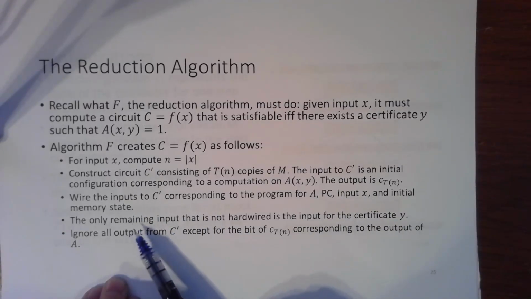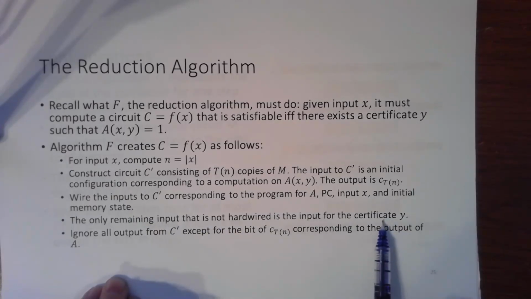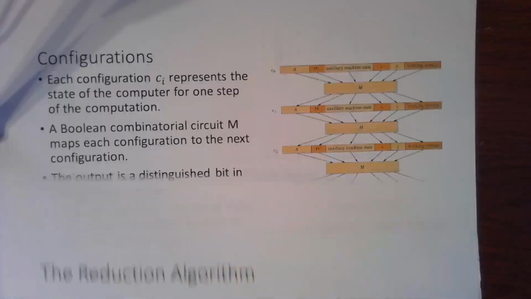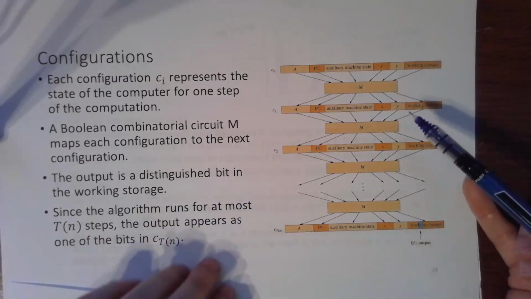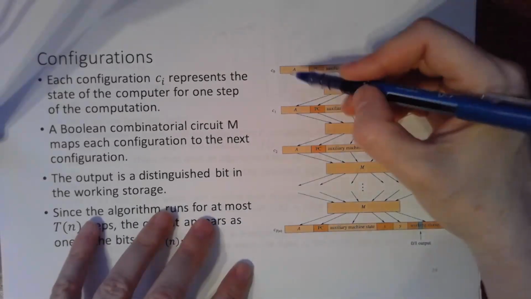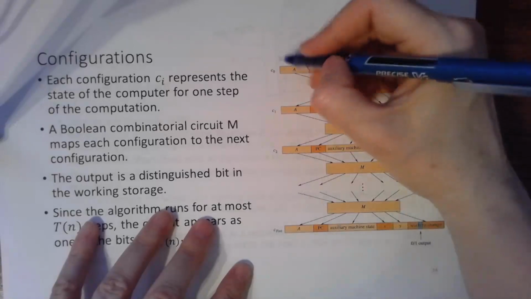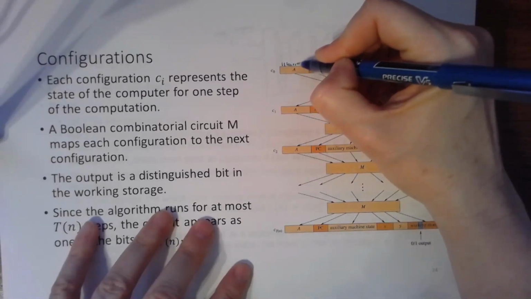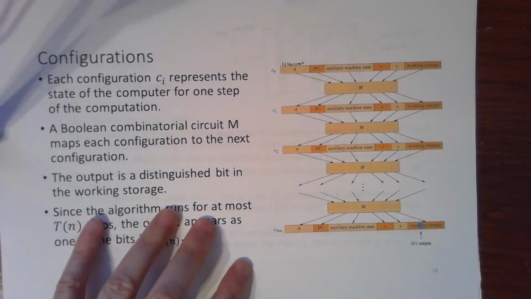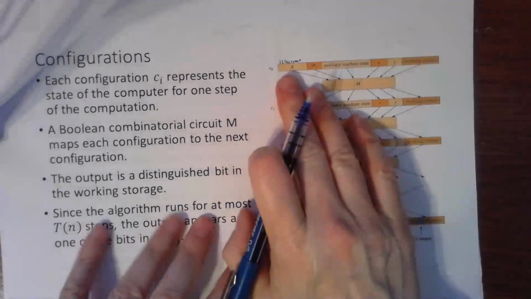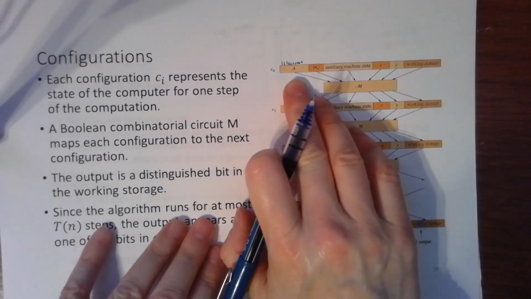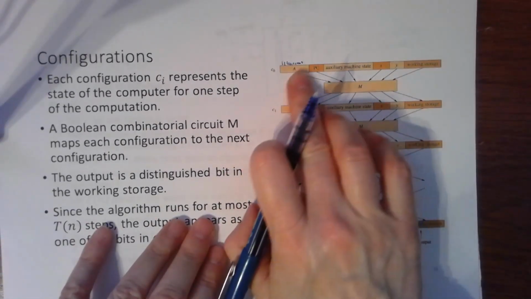The only thing that remains that's not hardwired is the certificate Y. So this is going to be hardwired, whatever the algorithm is. We can take any algorithm and represent it as a bunch of ones and zeros, so those are just going to get hardwired in there.